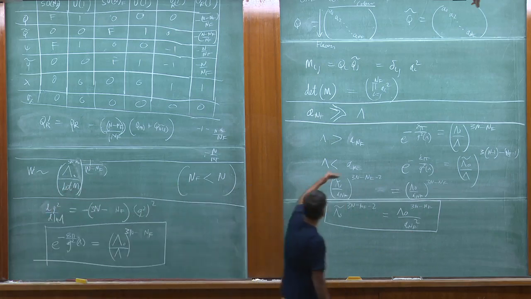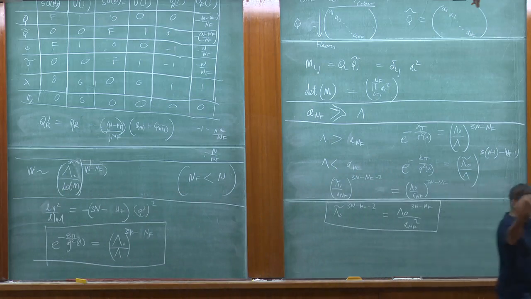Okay, so the prediction, just from starting from this theory with N colors and NF quarks and using simple general expectations of physics, is that the low energy theory is that with N minus 1 colors, NF minus 1 flavors, and an effective lambda naught tilde given by this quantity here.